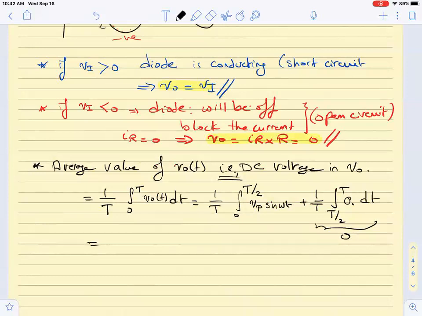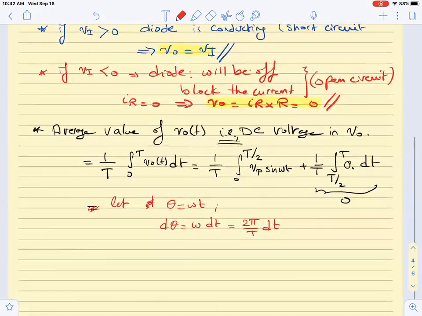We converted it to the theta domain because it is easier for us to do integration in theta. So change of variable, we will do a change of variable, let theta equal omega t, as we explained before. d theta comes out to be omega dt, which is 2 pi over T times dt. Okay, here we will use this.